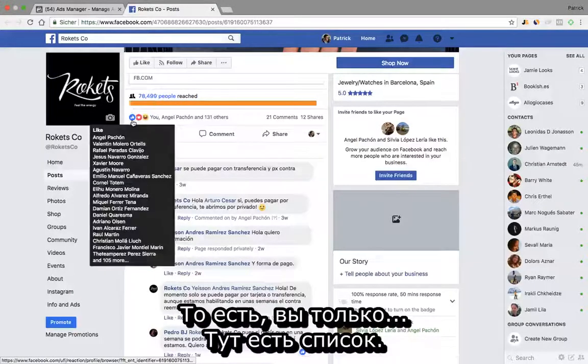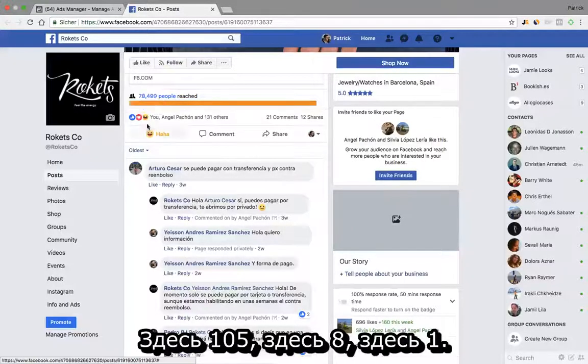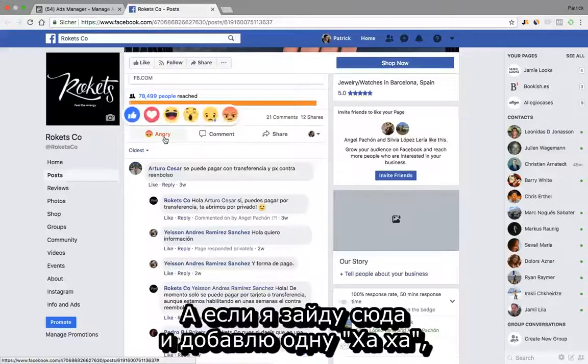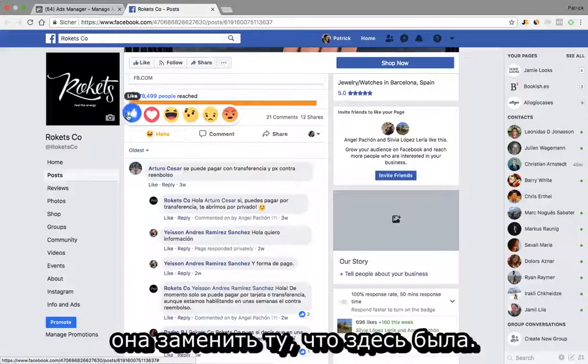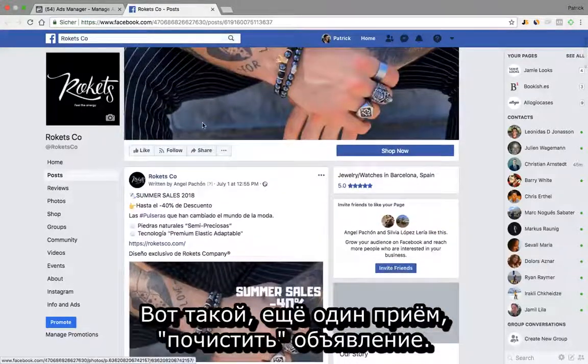And this is ranked, okay, so this one is 105, this one 8, this one 1. So imagine that you have one with angry, and if I now come here and add one haha, okay, it will actually substitute the other one. So this is also an important trick if you want to clean up the specific ad, okay.